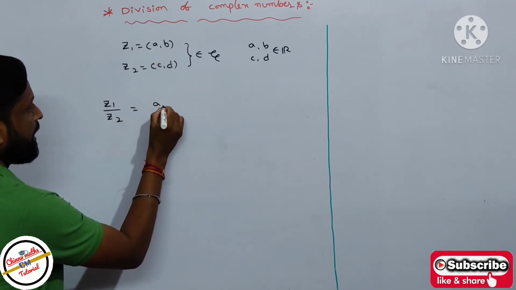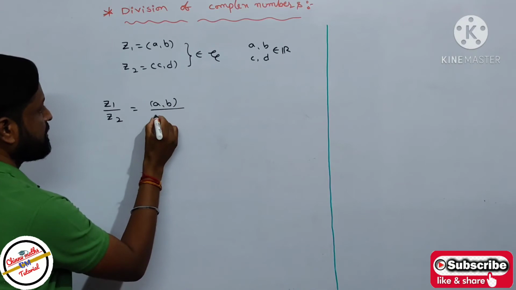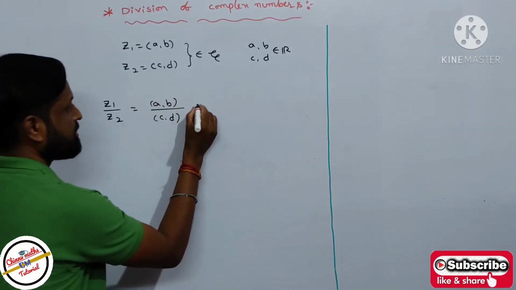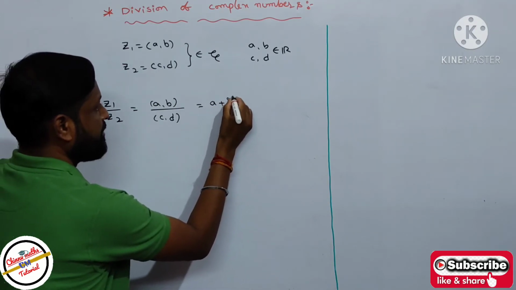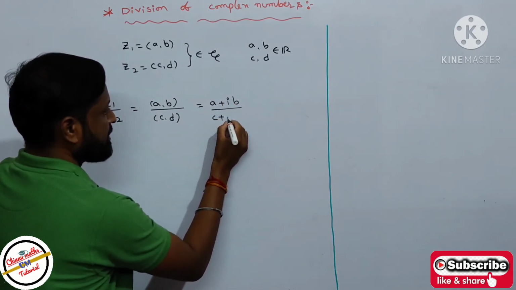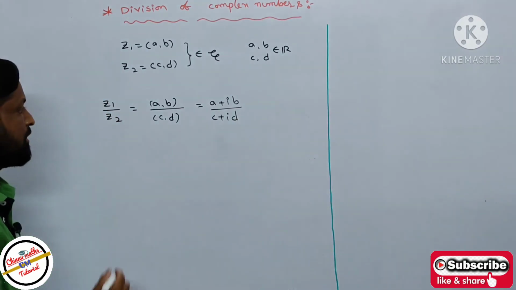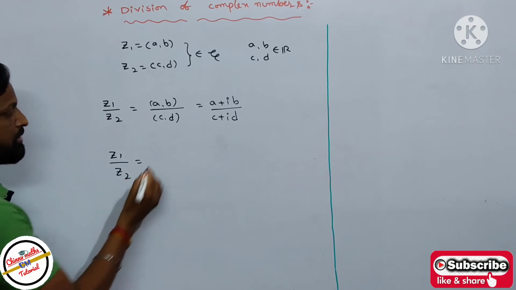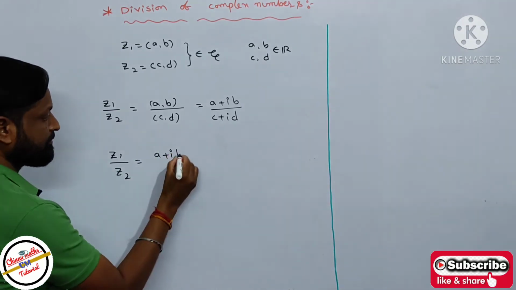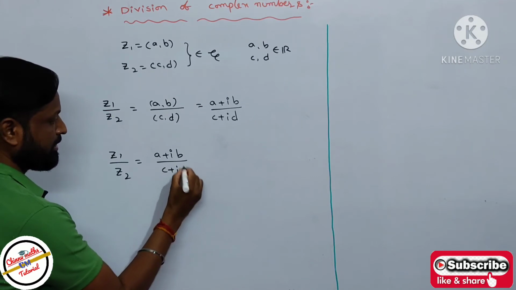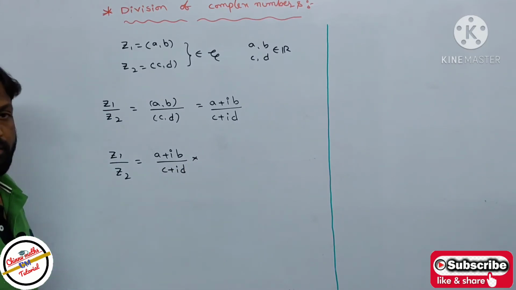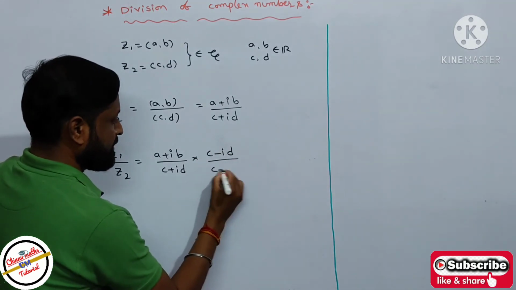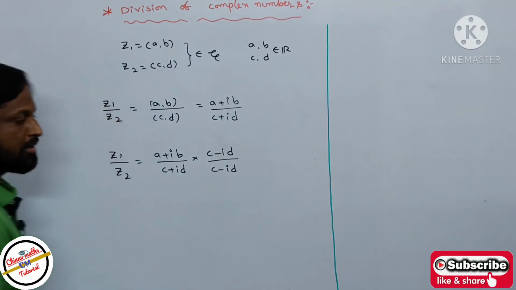Z1 means a comma b by c comma d. So the ordered pair a comma b is expressed as a plus ib by c plus id. Next, z1 upon z2 equal to a plus ib by c plus id. Take the rationalization method on the denominator value, then multiply by c minus id by c minus id.